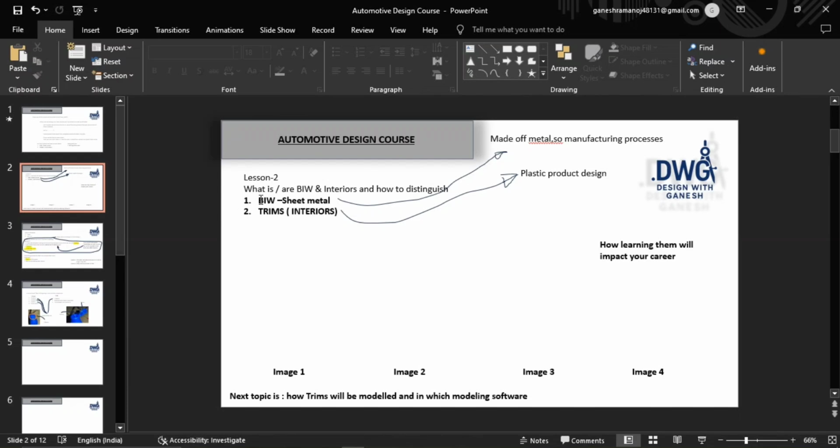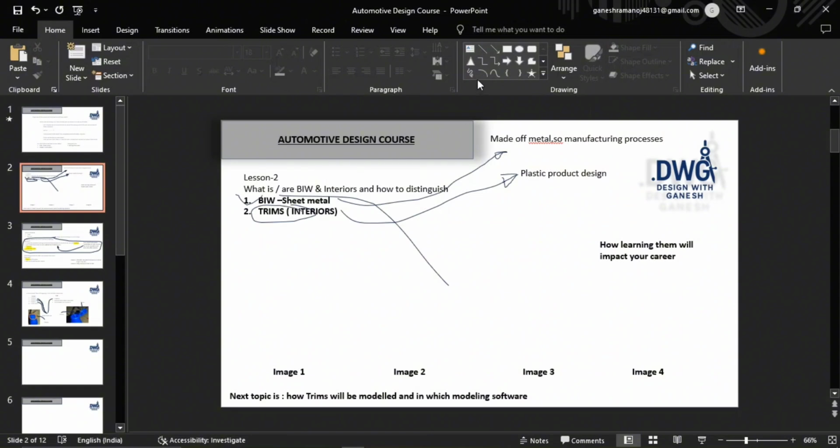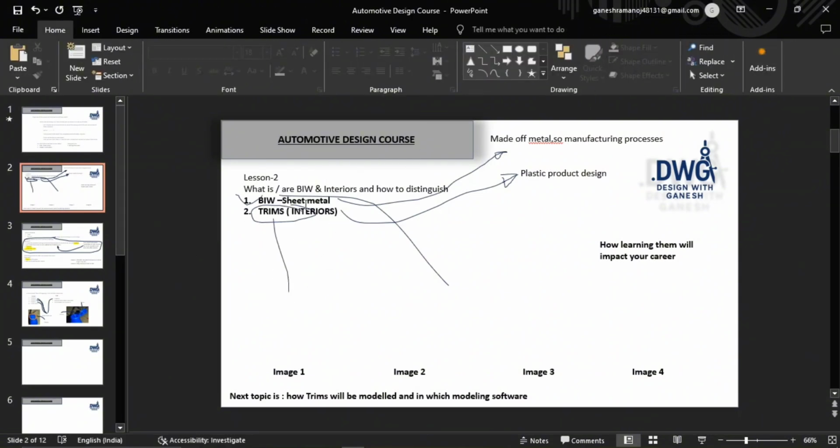There will be a separate process for BAW parts, and a separate process for manufacturing interior parts. So BAW and trims have different manufacturing processes.